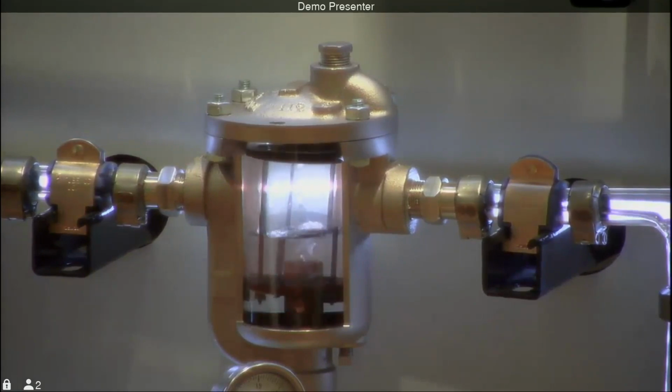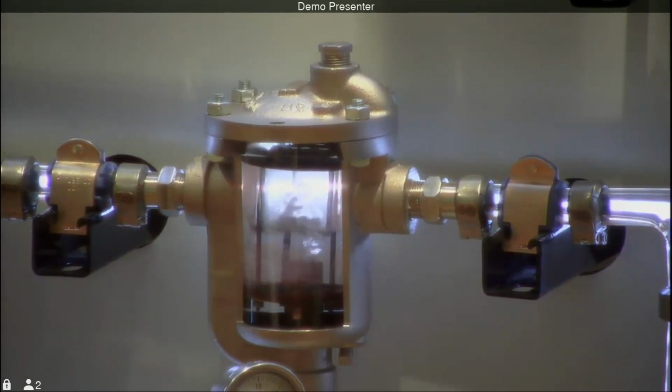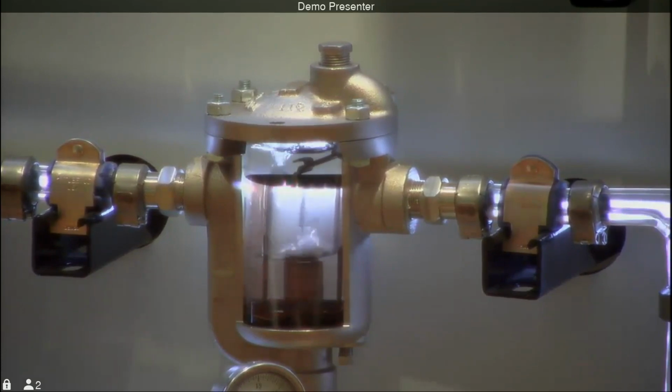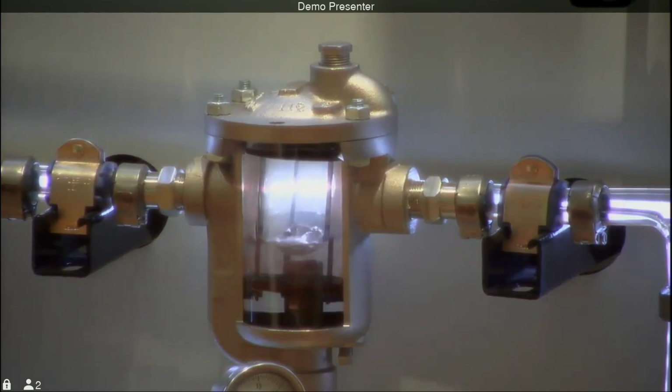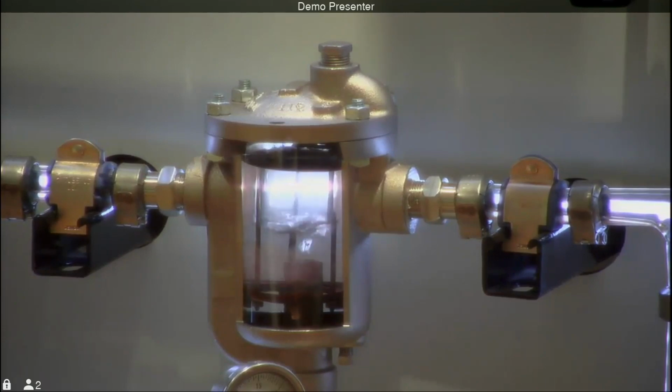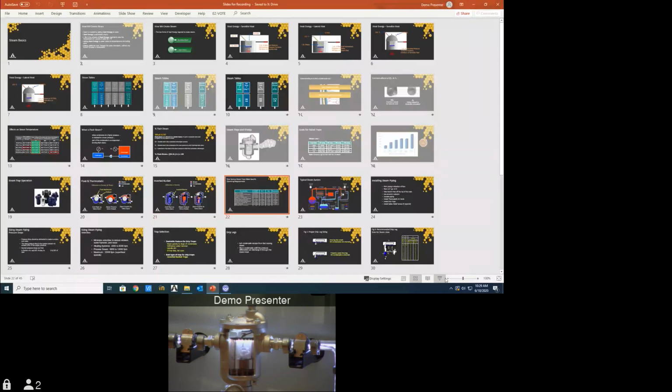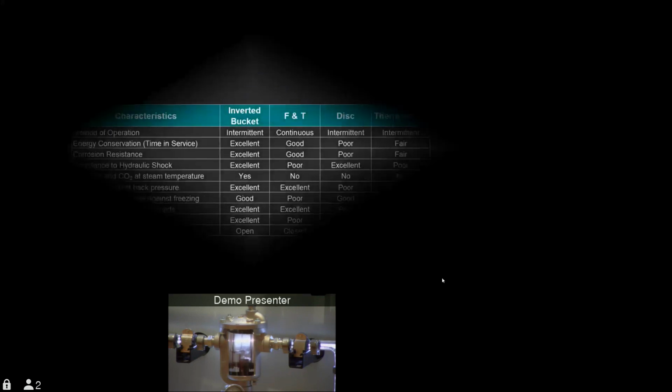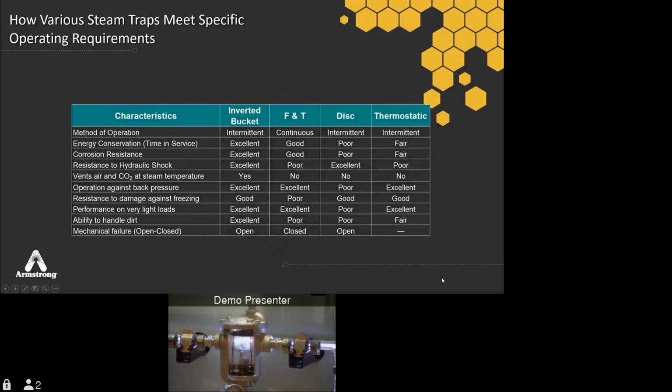Okay, and we have one more slide to show you, so we'll switch back to the presentation. Okay, so this is just a basic chart showing you the main characteristics for the most common types of steam traps.